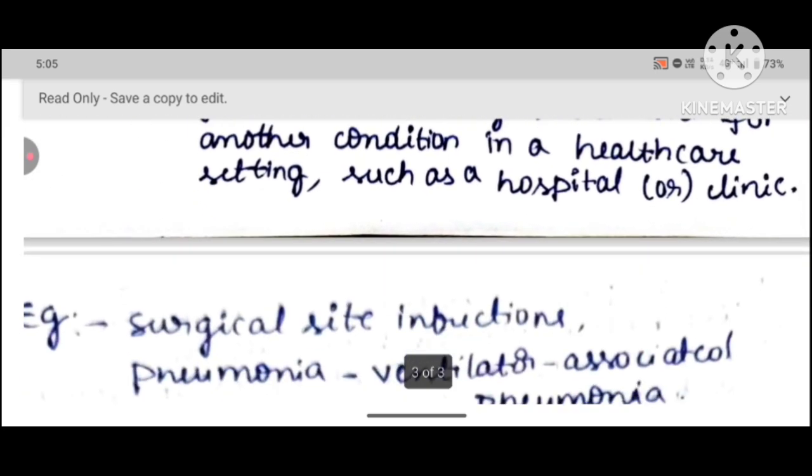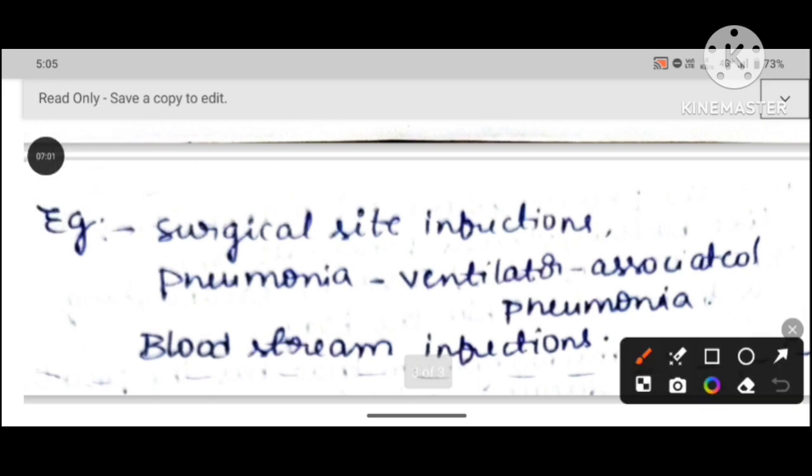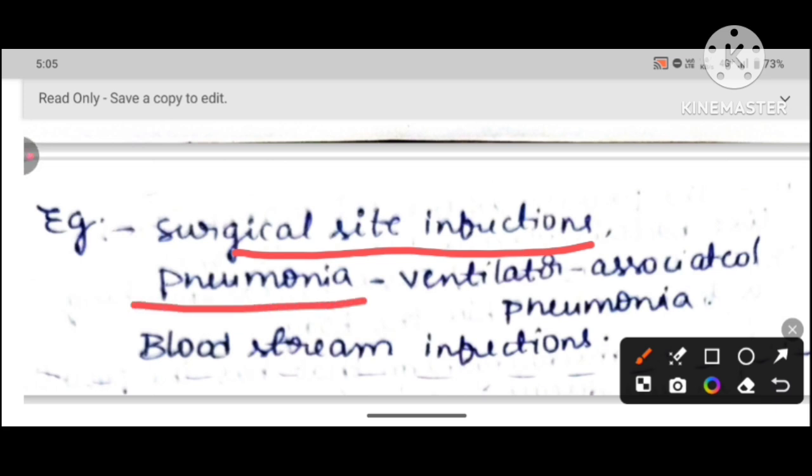So let's see the examples. After a surgery, the person may be prone to surgical site infections, where an infection can develop at the place of the surgical site, or pneumonia. For example, ventilator associated pneumonia: ventilators present in hospitals or clinics may be associated with pneumonia causing microbes.